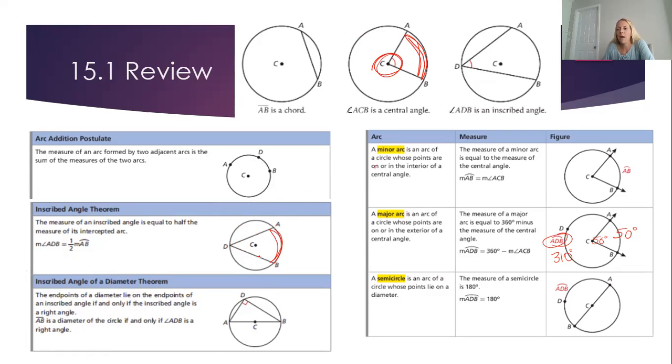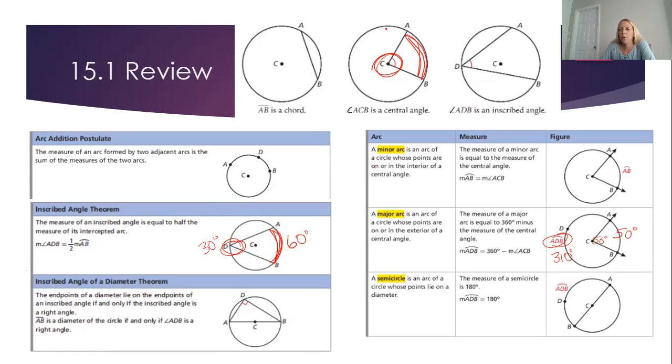And I always remember in my mind, what's bigger, the angle or the arc? Well, look, the arc is obviously larger. So we say the measure of the angle is half of the arc. So we cut the arc in half to get the measure of the angle. Just for some easy math, if this is a 60-degree arc, a minor arc AB, 60 degrees, then this inscribed angle is going to be 30 degrees.